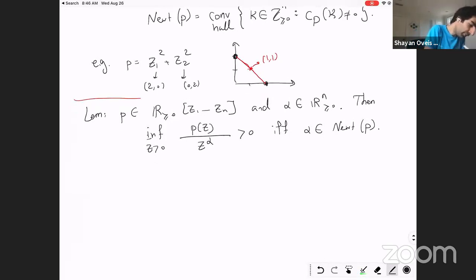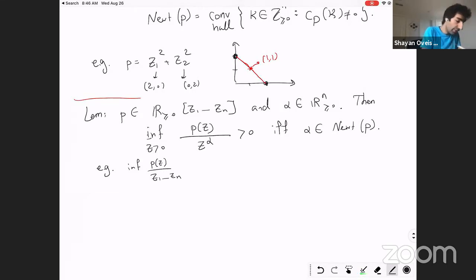Now, one application or one example is from the last lecture, where we were talking about the infimum of p(z) over z1 up to zn, basically when alpha is 1.